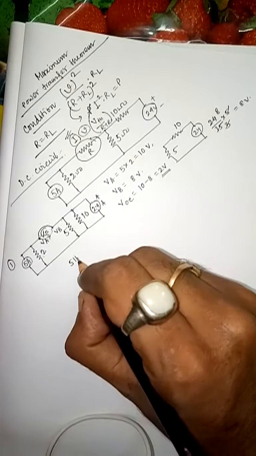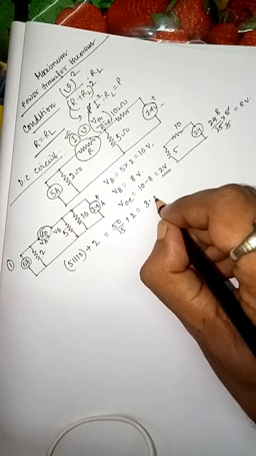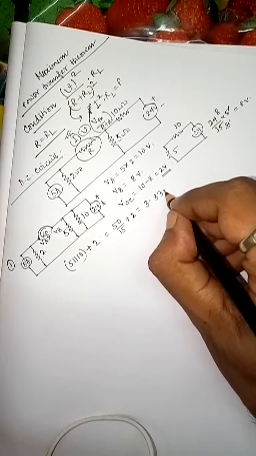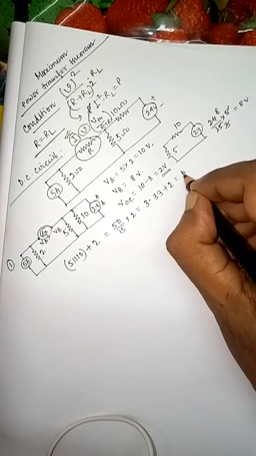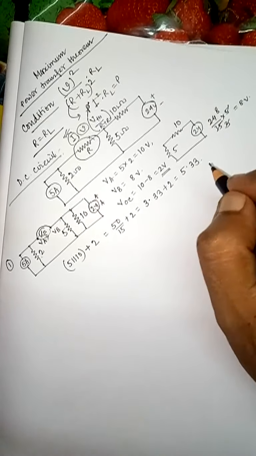That combination is in series with 2. So this is 50 by 15 plus 2, so it is 3.33 plus 2, so it is 5.33.